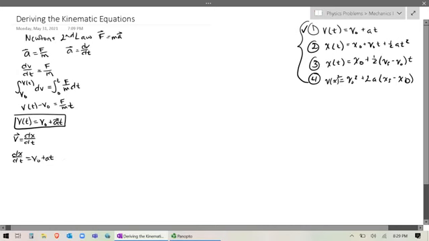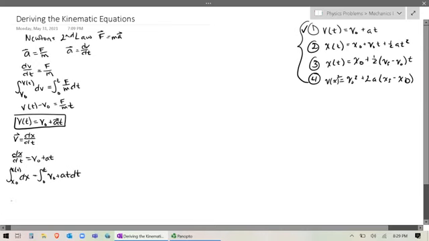Okay, great. So then we're going to move dt over, and we're going to integrate from x naught to x as a function of time. And again, from 0 to t, v naught plus a tau d tau. It's like tau, that's a t.